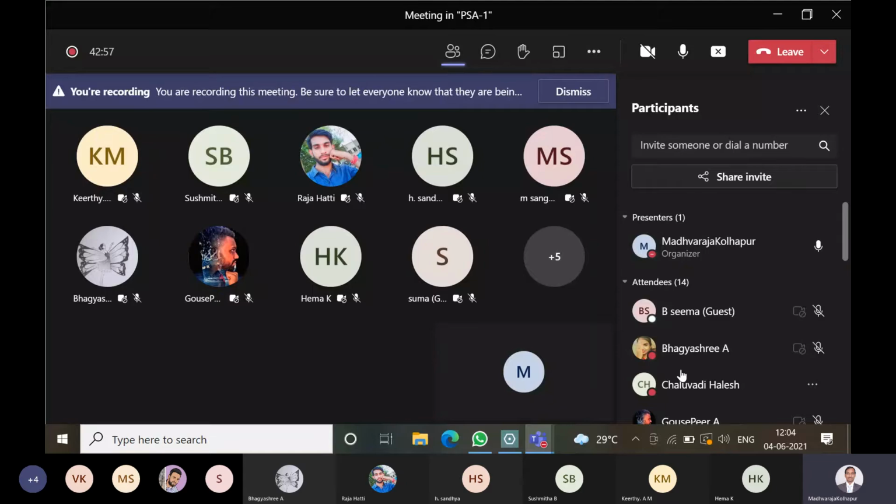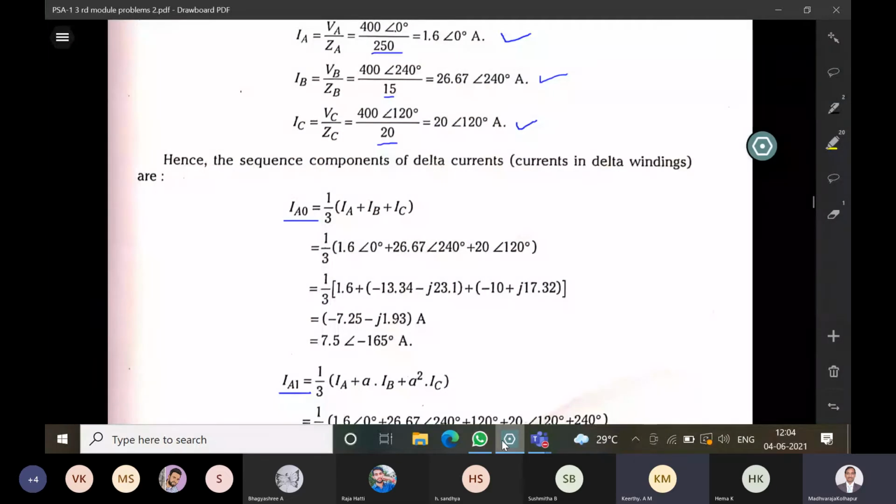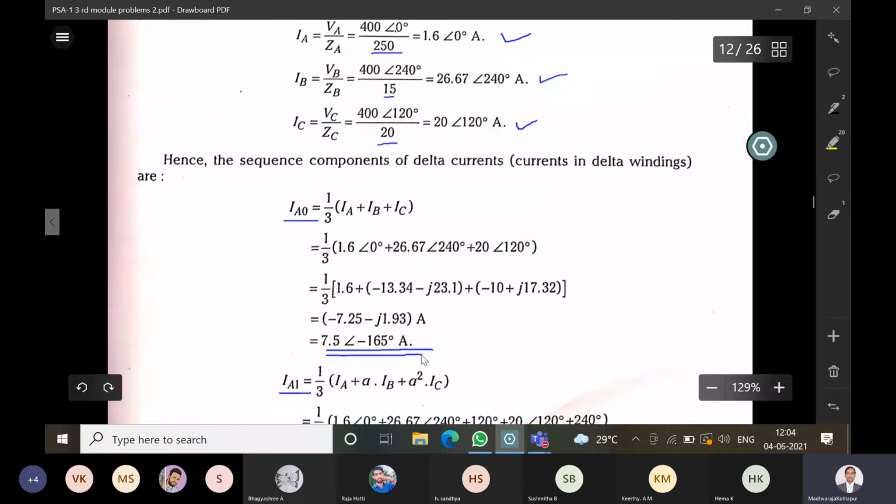Kirti, got the answer for IA1? Yes, sir. IA naught, how much? 7.502 at an angle minus 165.09. Okay, 7.5 is the nearer answer. Cross check once again.